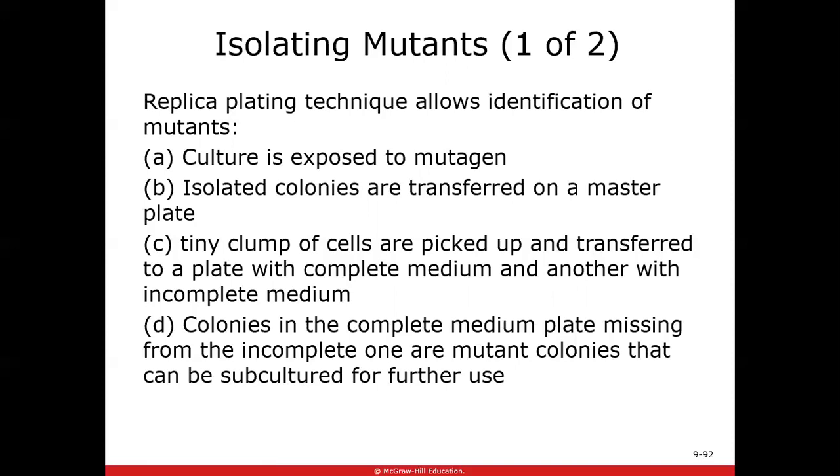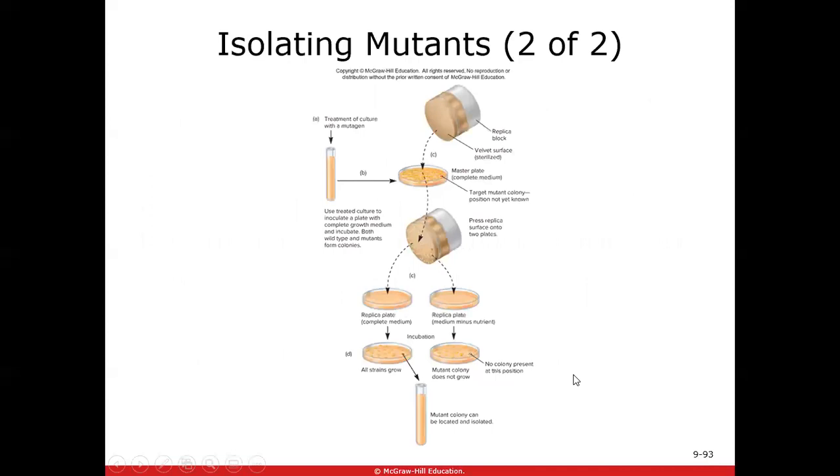Colonies in the complete medium plate that are missing from the incomplete one are mutant colonies that can be subcultured for further use. And this is just the description of how they do it.